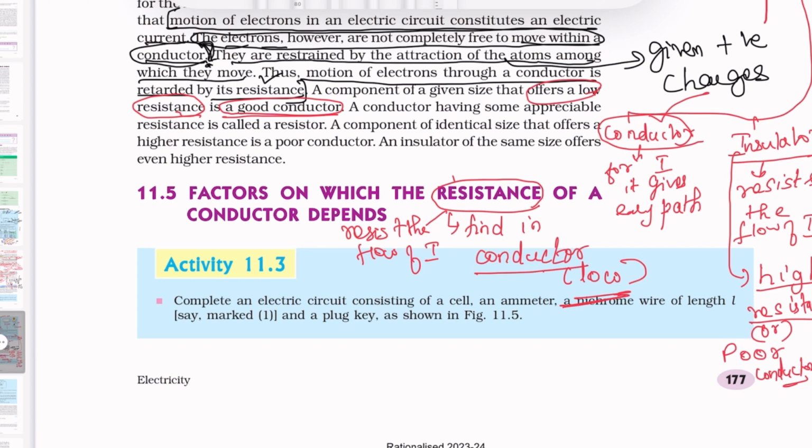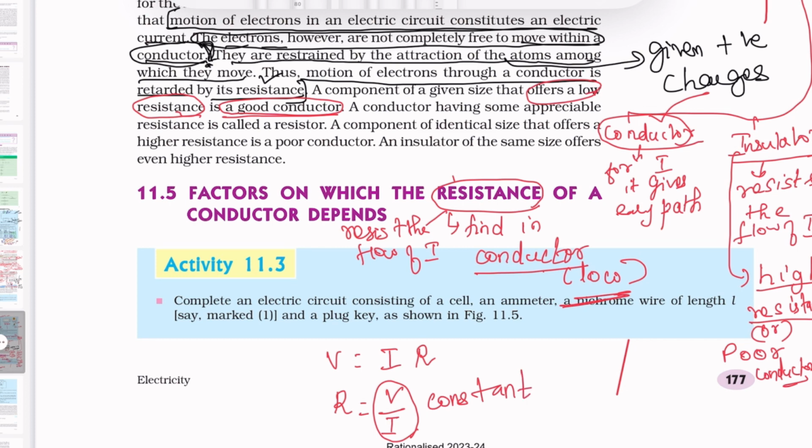Suppose I want to use a different type of resistance. What is the formula for the resistance? We know V is equal to IR. From this we know R is equal to V over I, and this ratio is always constant.